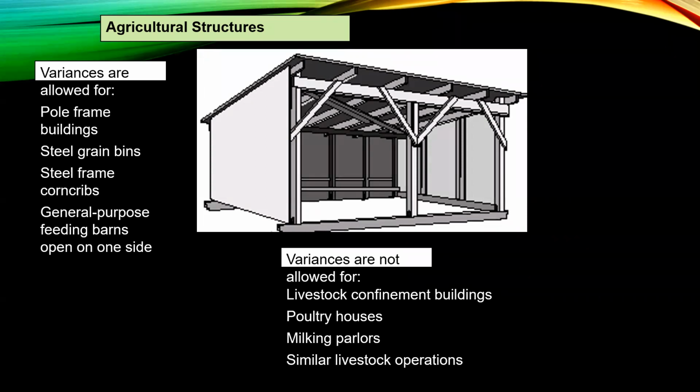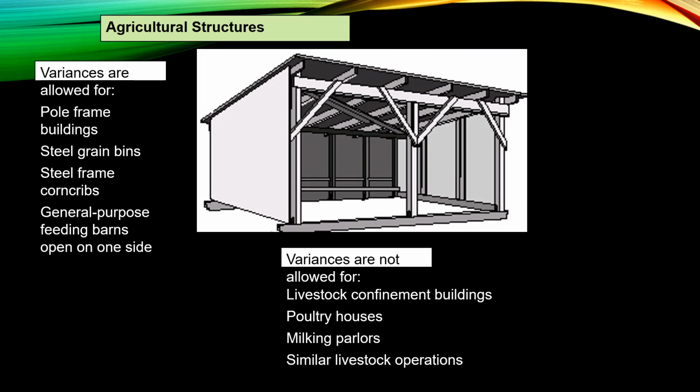And so that can include involvement with livestock, such as the general feeding barns, but we don't want to see livestock confinement buildings or poultry houses or that kind of thing, livestock operations in the floodplain. We're looking more at the produce side of things.